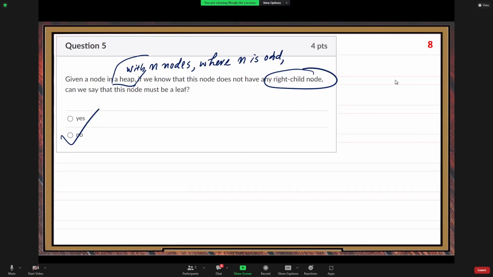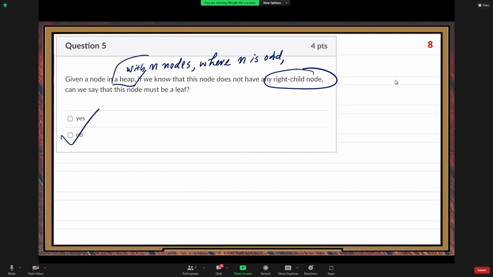The heap has an odd number of elements, nodes. And one node does not have any right child. Can we say it must be a leaf? Yes, right? The answer is yes.